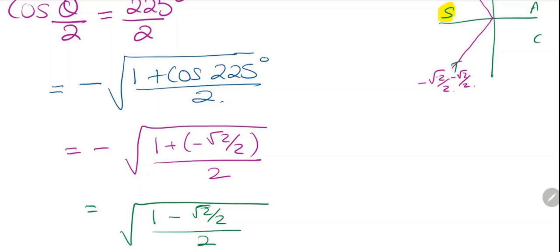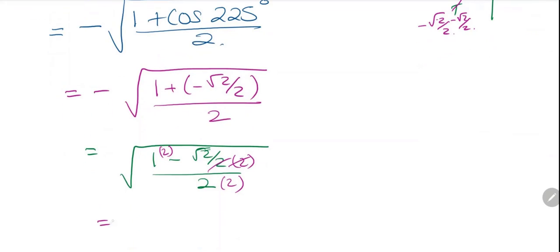And I'm going to multiply my terms by 2. So these will cancel. And I will be left with, forgot the minus. So we'll have 2 times 1 is 2, minus root 2, and this is over 4.